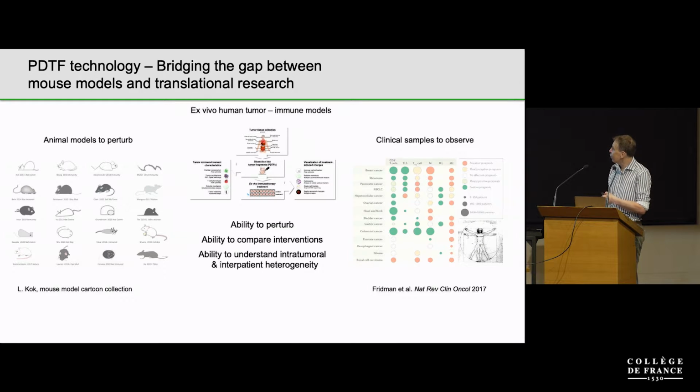On the other hand, clinical samples really deal with the heterogeneity of patients in a very real-world setting, but it's very difficult to move beyond correlative analysis and really show causation. So what we've been trying to do is set up technology, ex vivo human tumor immune models, that give us the ability to perturb, the ability to compare interventions, and also the ability to understand intratumoral and interpatient heterogeneity. I'm going to talk a little bit about that today.